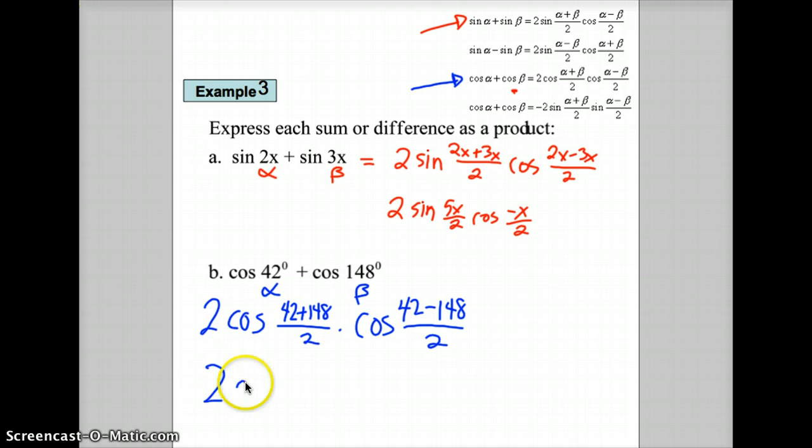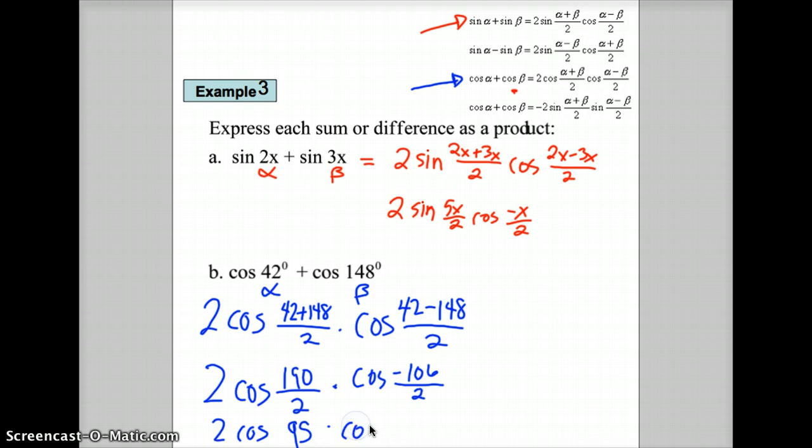So we're going to have 2 cosine of 190 over 2, or 2 cosine of 95. And then I still have this cosine here, 42 minus 148 is negative 106, so I'll have the cosine of negative 106 all over 2, or the cosine of negative 53 degrees.